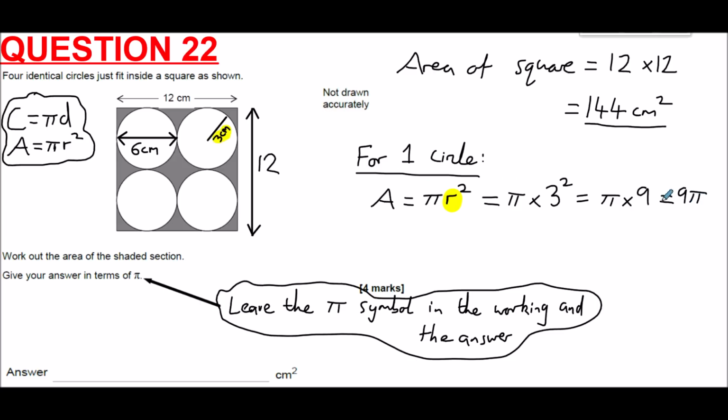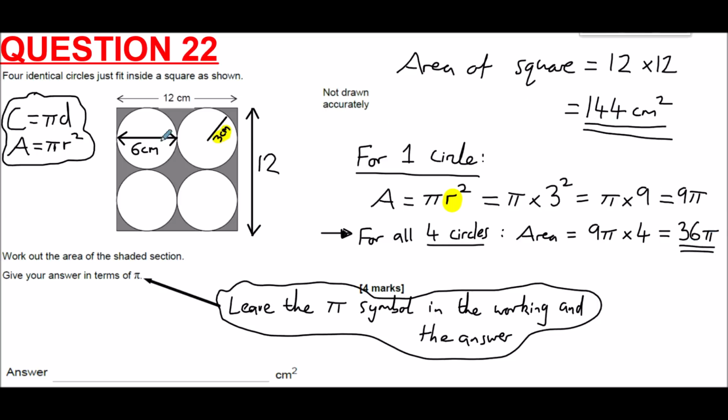So for one circle the area is 9 pi, but how many circles do we have? We've got 4. So for all 4 circles, the area will be 9 pi times 4, which will be 36 pi. Now we're nearly there.